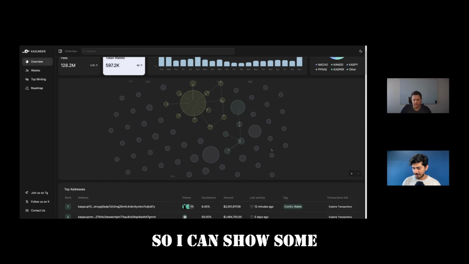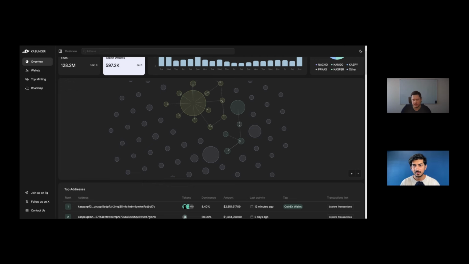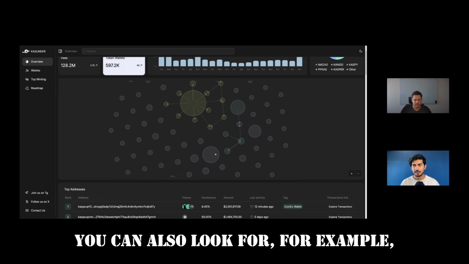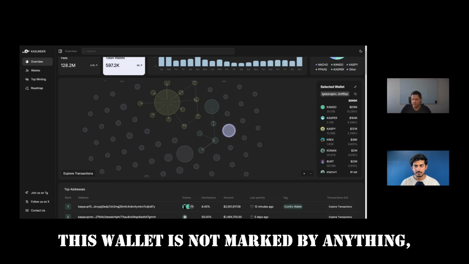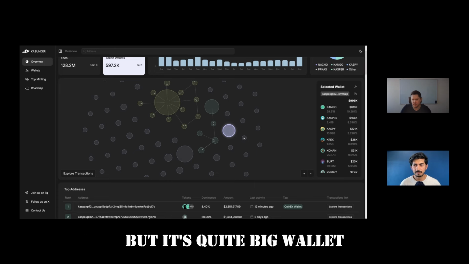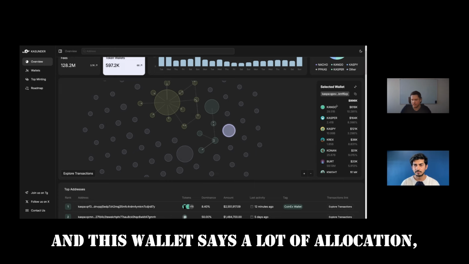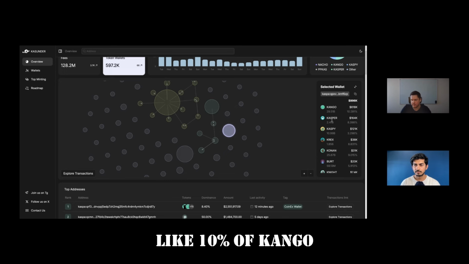Okay. So I can show some other patterns or specific things that can be found there, but they will be very similar. You can also look for tokens, for example, if I go to this wallet specifically. This wallet is not marked by anything, but it's quite a big wallet. And this wallet has a lot of allocation, like 10% of Congo.